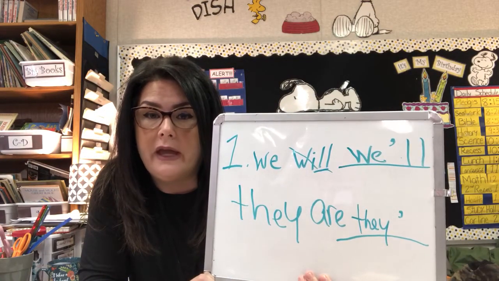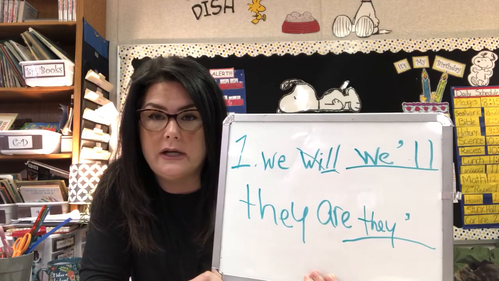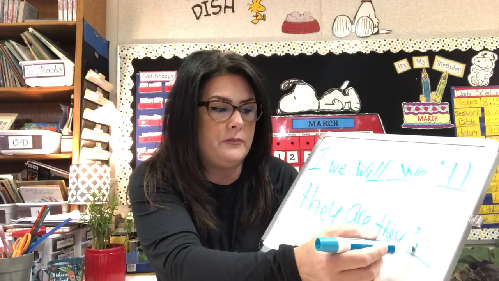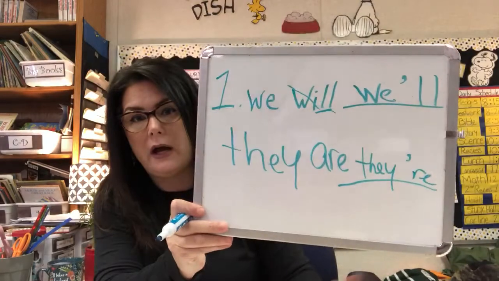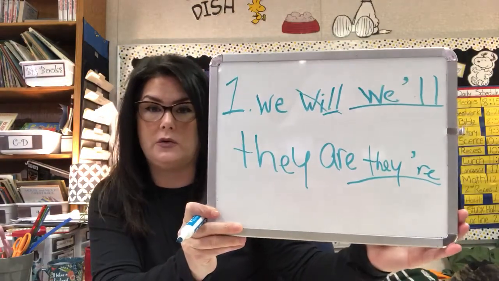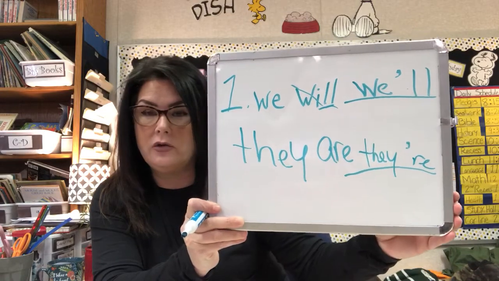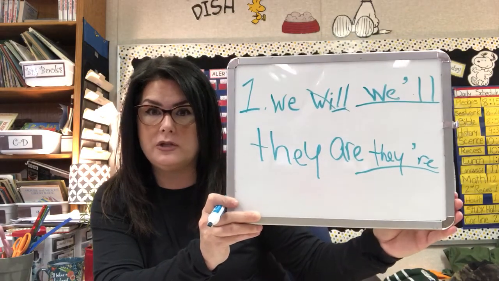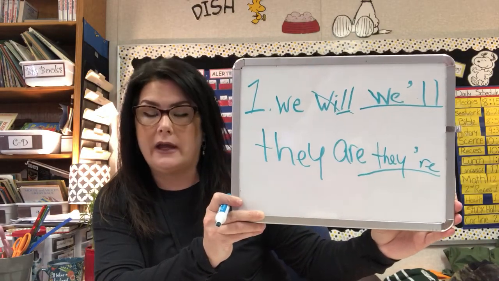So you're going to put they, then the apostrophe, and then the last two letters. What are the last two letters of that word? R-E. So there's your contraction, T-H-E-Y apostrophe R-E. It's going to mean they are. They're going to the movies. They're going shopping. That would be used in place of they are.